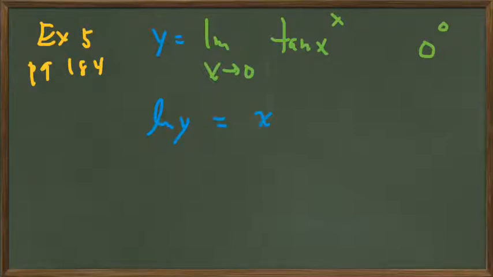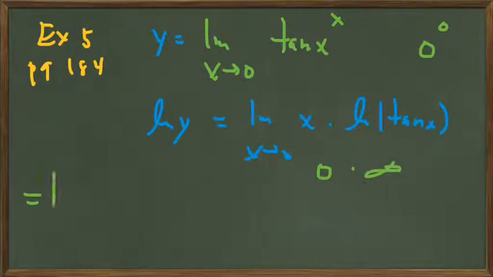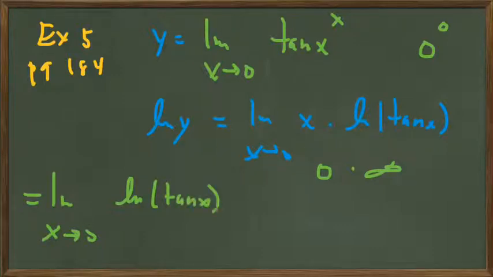So it's the limit as x goes to 0 of x times ln of tangent x, which is 0 times ln of 0, so 0 times infinity, which we rewrite as before, ln of tangent x over 1 over x.